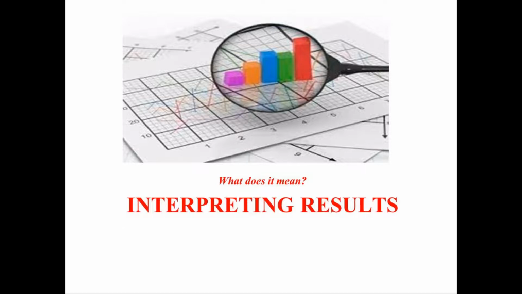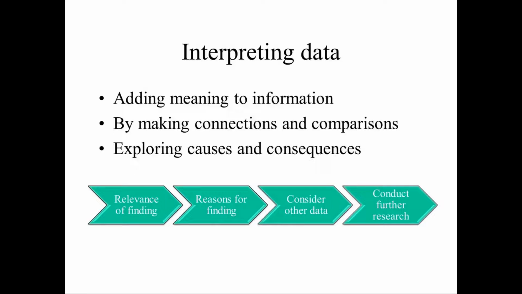You also have to learn how to interpret your results. Interpreting data is key to understanding what your QI project means. It adds meaning to the information by making connections and comparisons and exploring causes and consequences.